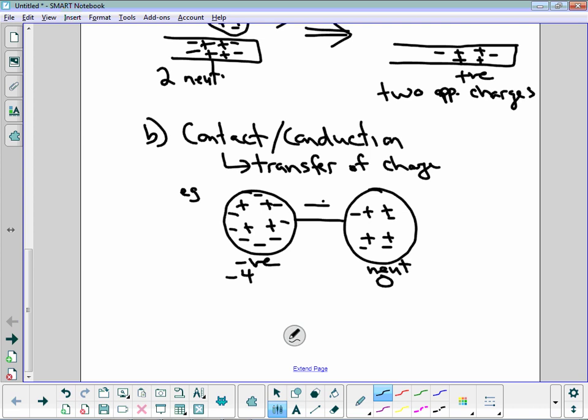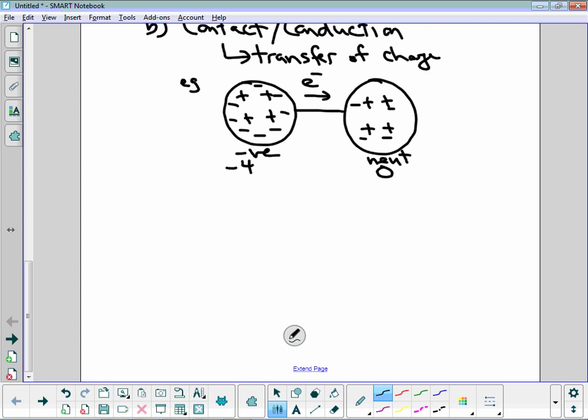So we will get electrons to move. And in the end, 1, 2, 3, 4. 1, 2, 3, 4. How many will I have on each?